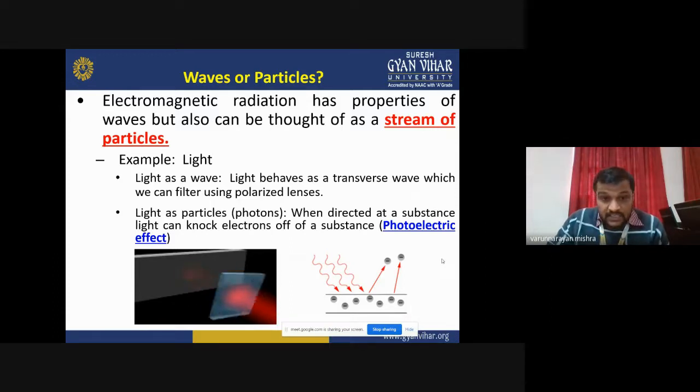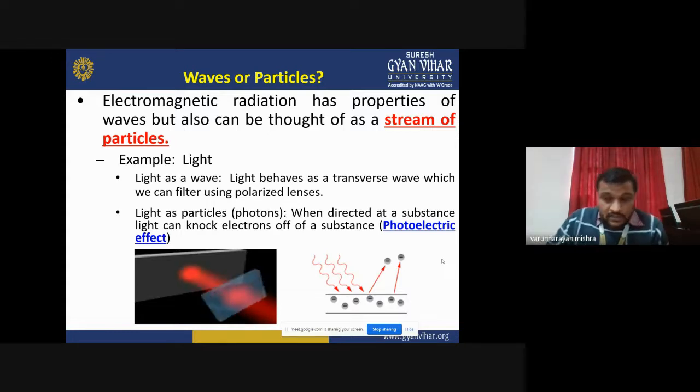This is the experiment done by Einstein to study the characteristics of light. The photoelectric effect was a very famous experiment. It was described by Einstein, and he got the Nobel Prize for it.